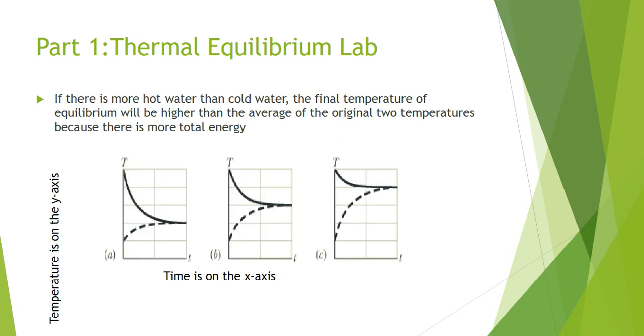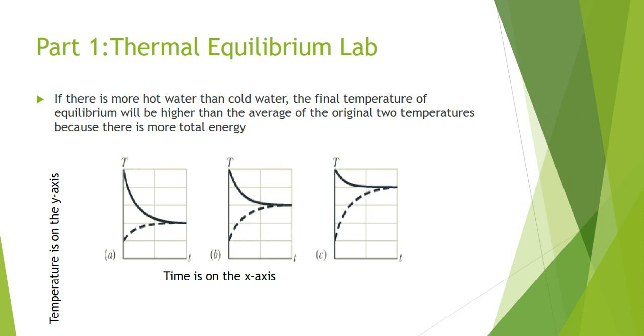So if we're looking at three graphs like this, time is on the x-axis and temperature is on the y. And each of these we can see have three very different final temperatures. This will be the final temperature on the far right side of each graph.